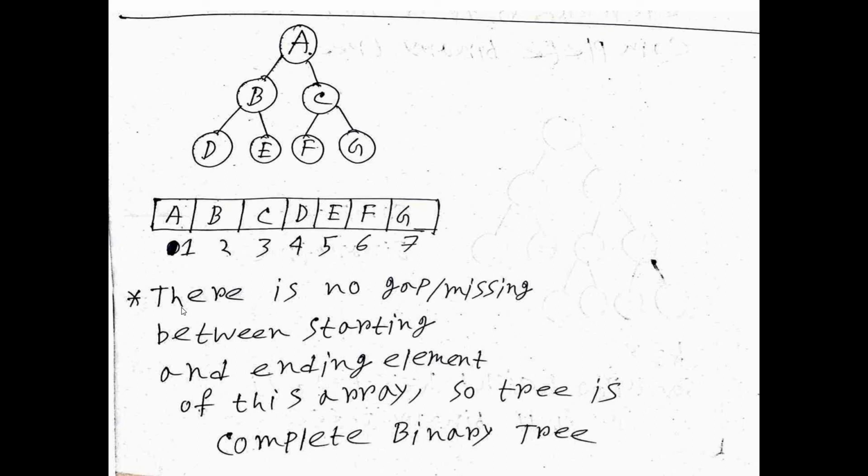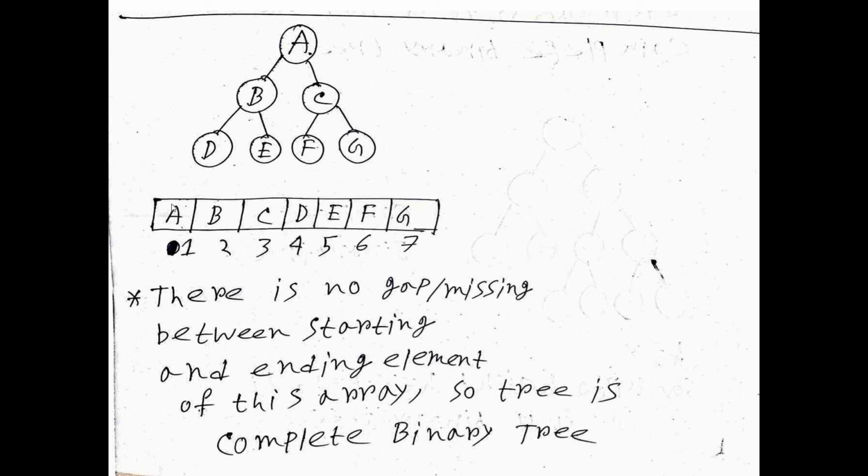Now if there is a tree and you try to find whether it is a complete binary tree or not, this is a simple way. The rule says that if between the starting index, that is 1, and the ending index, that is 7, 1 to 7, there is no gap, it is a complete binary tree. Is there any gap between index number 1 and 7?